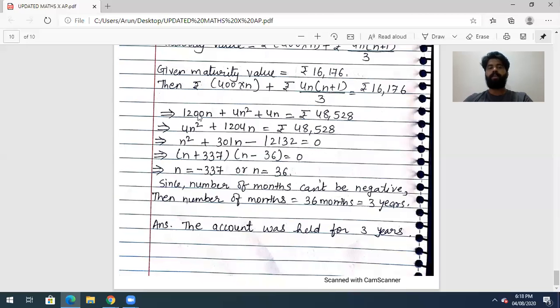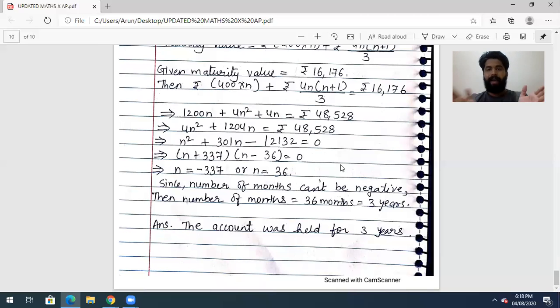So 4n square plus 1200n plus 4n gives us 1204n is equal to 48,528. So we can observe 4n square, 1204 and 48528 सब 4 के टेबल में जाते हैं. When you divide, plus 48528 इधर आके minus 48528 divide by 4 करेंगे तो we'll be left with n square plus 301n minus 12132 is equal to 0.